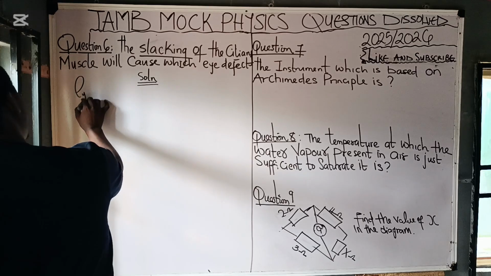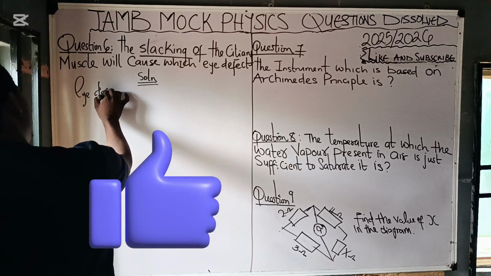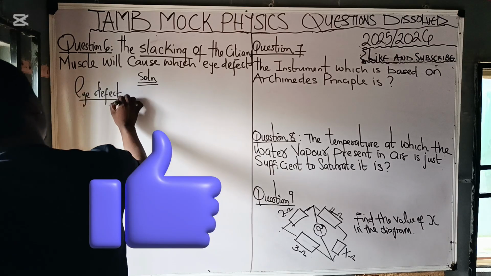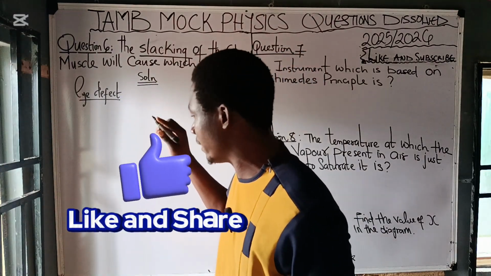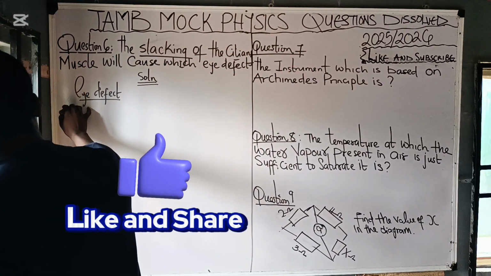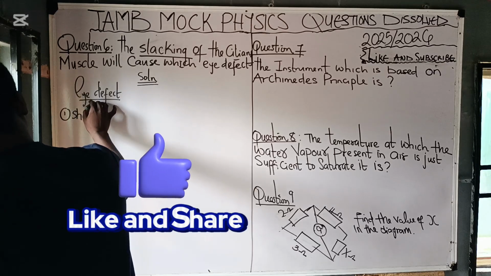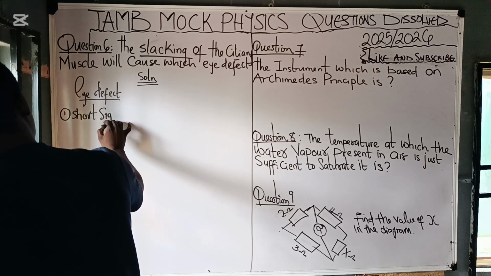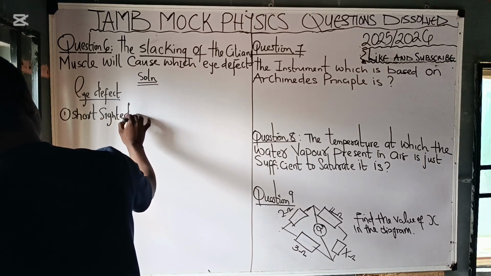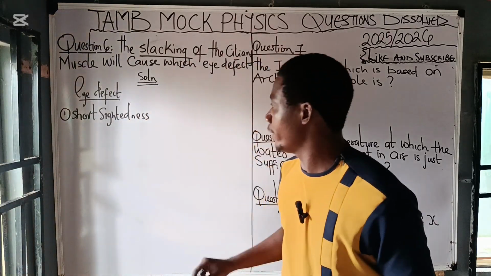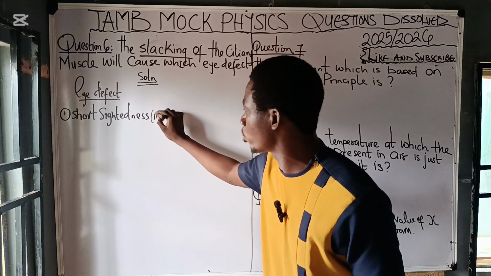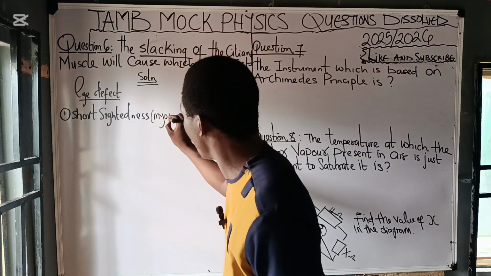For eye defects, there are relatively 4 eye defects. And these 4 eye defects include number 1, short-sightedness. Short-sightedness, which is also called myopia.